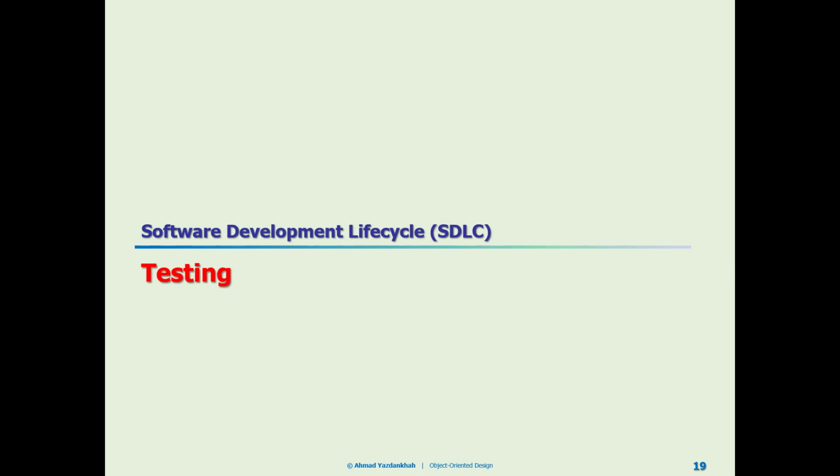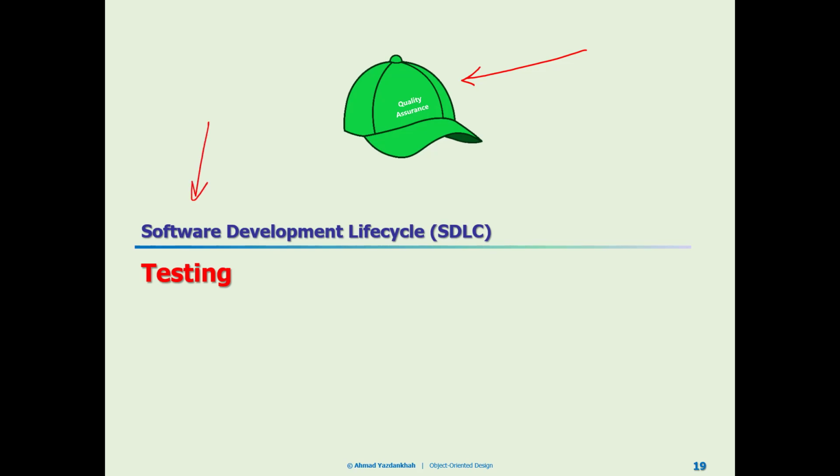This section is the last section of this topic, testing. Let's see what we got. So first, we need to change our hat to quality assurance, but that hat could be for the developer as well, because the testing that I'm gonna explain in this section is not really for the department of quality assurance.